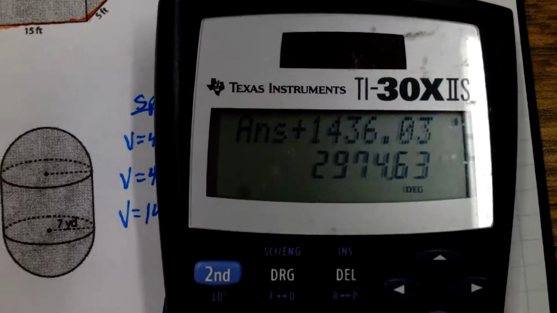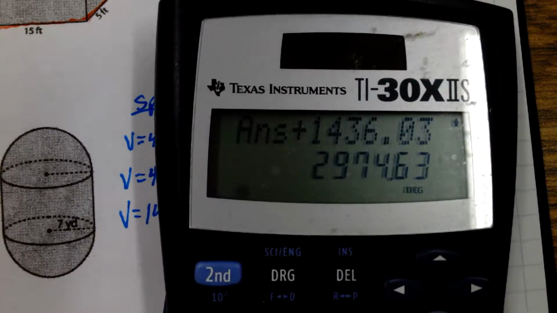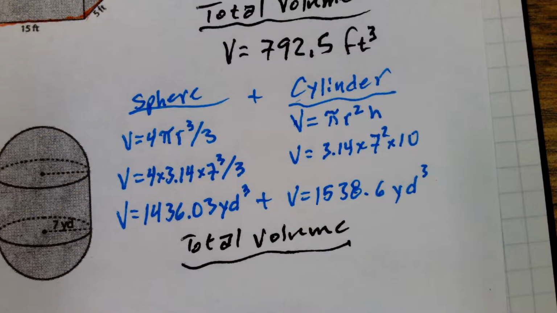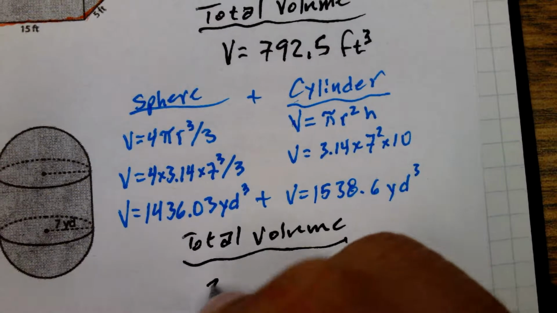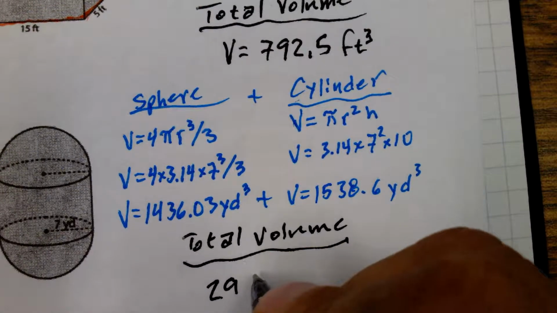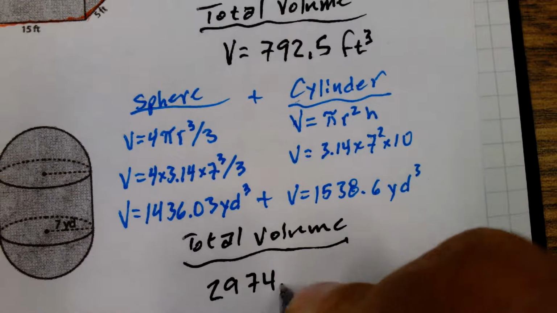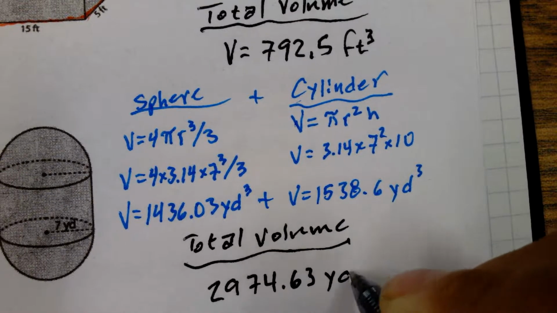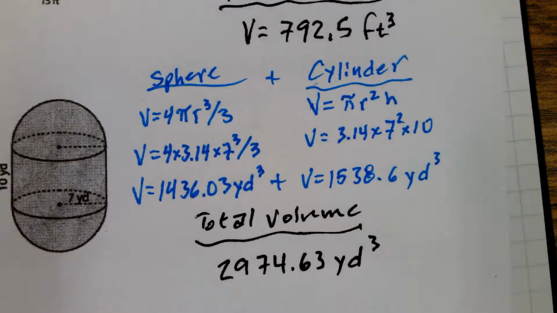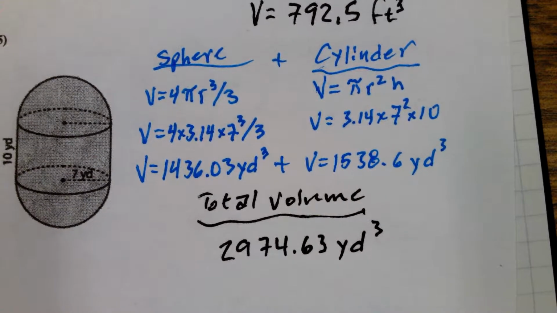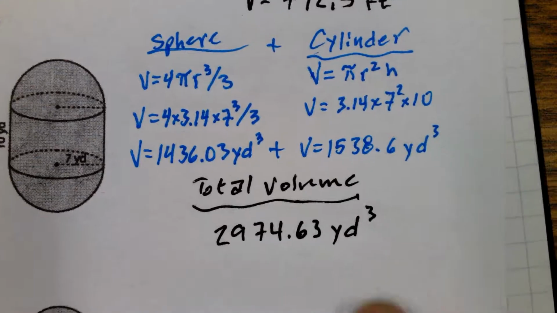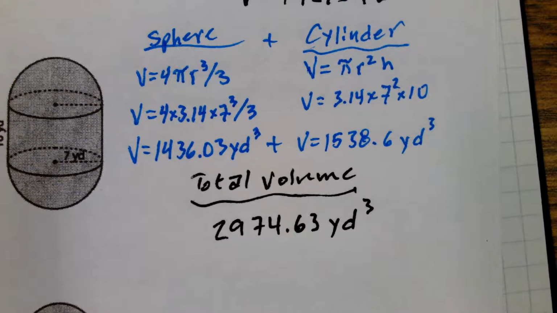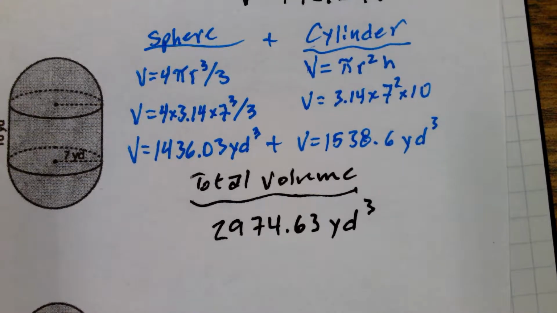I got 2,974.63 cubic yards. All right, so remember on the quiz, units are going to count. So make sure you select the correct ones.